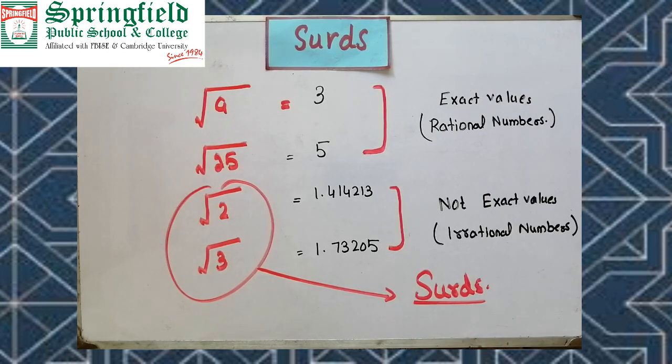Other examples of surds are under root 5, under root 7, under root 11. They are not giving us an exact answer. These numbers are irrational numbers, so that's why we will say that these numbers are surds. So irrational numbers are called surds. Fine? Understood? Okay. Now come to their properties.